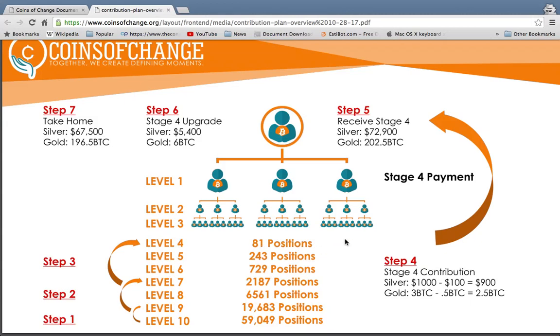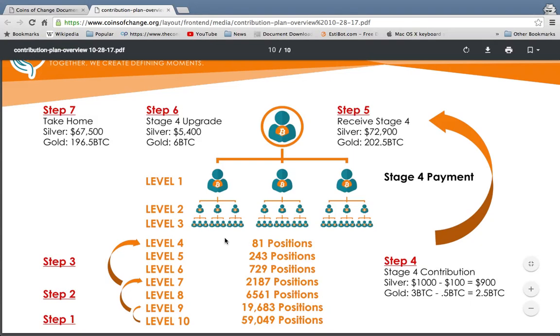So now these 81 people on level 4, they're upgrading. And when they upgrade, those upgrade fees are going to come to you here.